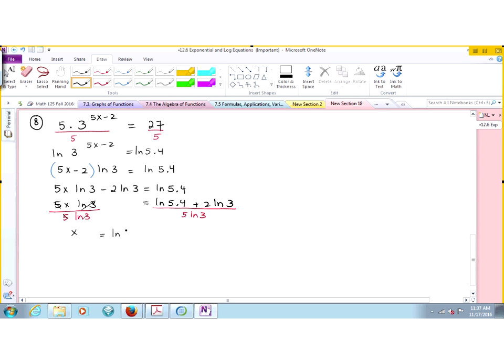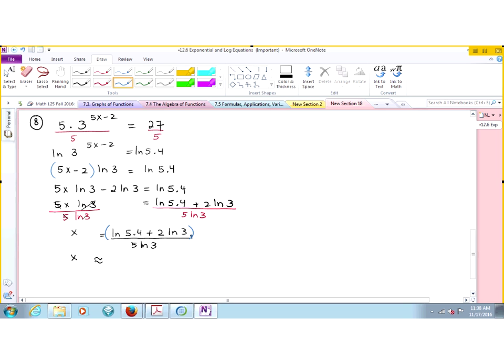So x is equal to ln 5.4 plus 2 ln 3 divided by 5 ln 3. Yes. All right, this is exact. So what is my approximate? Now, if you use your calculator, you might want to put parentheses here if you're doing them all in one shot.